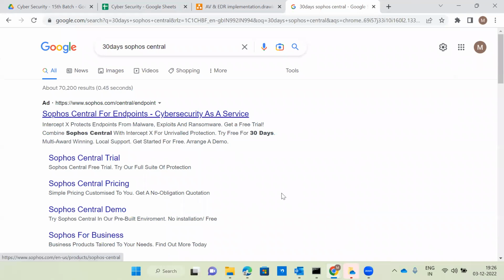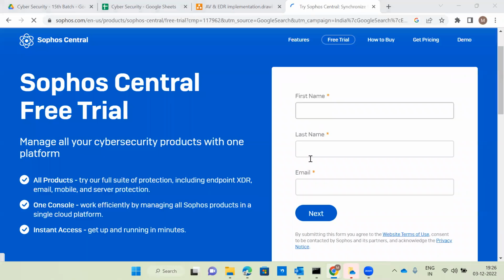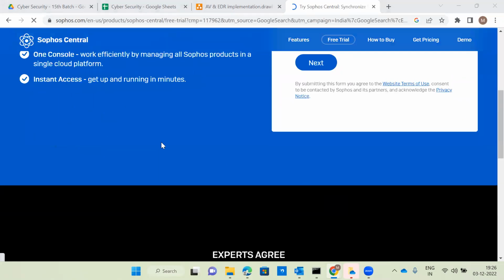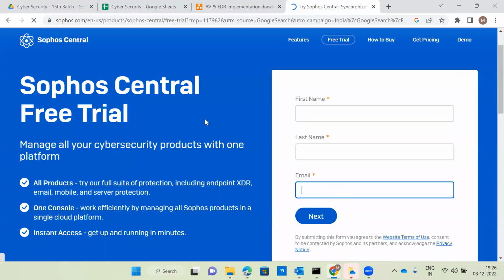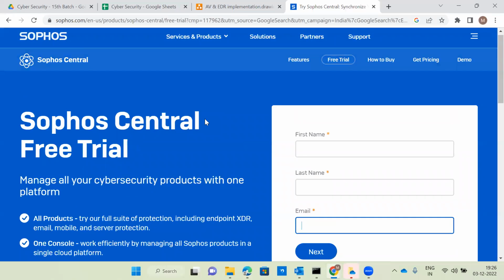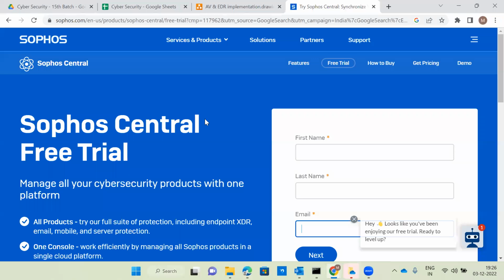Click on this one, then register your name. Next, the 30 days trial version will come. Then you can play with this tool. Practical explanation tomorrow, what to do and how to do. Are you getting what I'm saying? Yes, go to Google and type Sophos 30 days free trial, Sophos Central free trial.